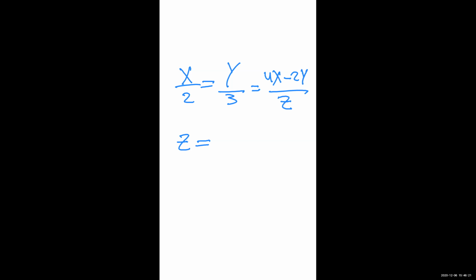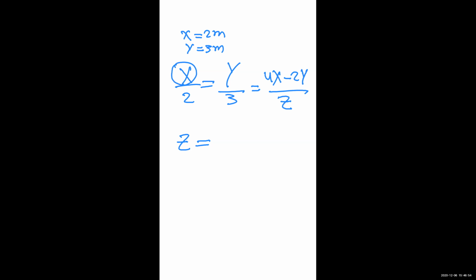First, we will make x equal 2m and y equal 3m, so z equals 4 times 2m minus 2 times 3m. So x will equal 2m and y will equal 3m.